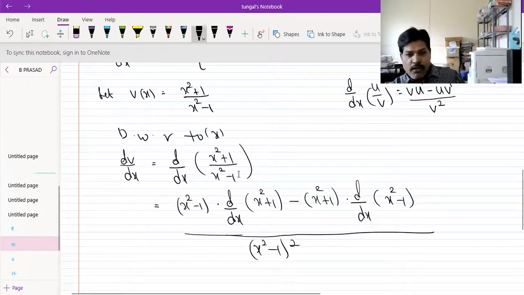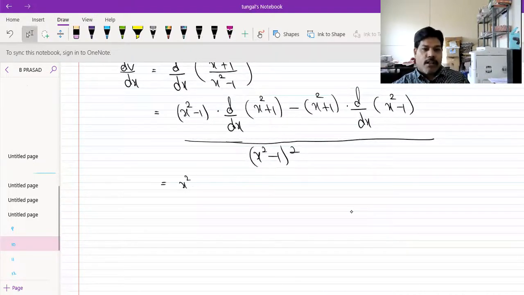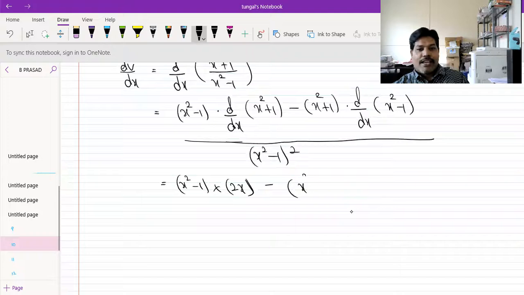Here we take x square minus 1 into the derivative of x square plus 1. The derivative of x square is 2x, plus 1 derivative is 0, minus x square plus 1 into the derivative of x square minus 1. The derivative of x square minus 1 is 2x, and the derivative of minus 1 is 0, so there is no need to take that value.